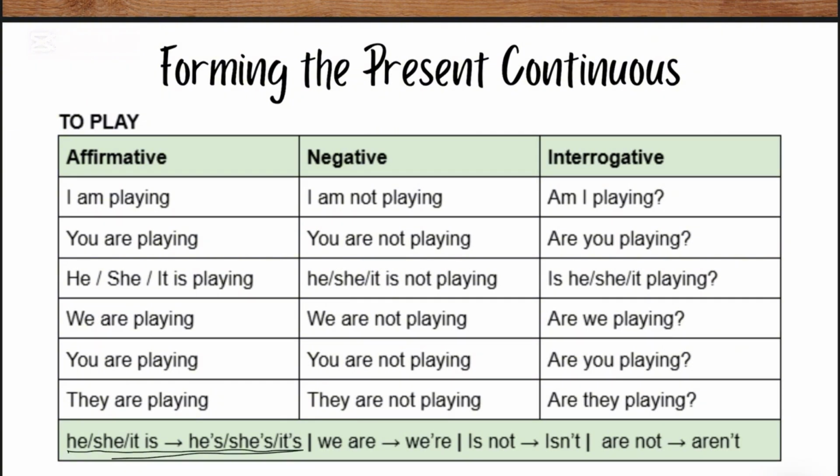For example, he is, she is, it is becomes he's, she's, it's. Or we are, we mostly see as we're, you're, there. Also, for the negative form, is not goes into isn't, are not goes into aren't. So keep that in mind, or I'm sure you already know this. It's not the first time that it comes forward.